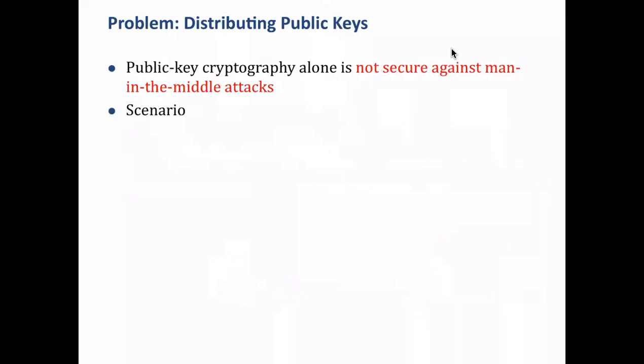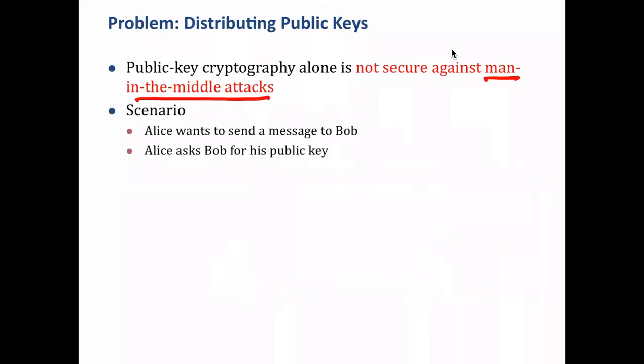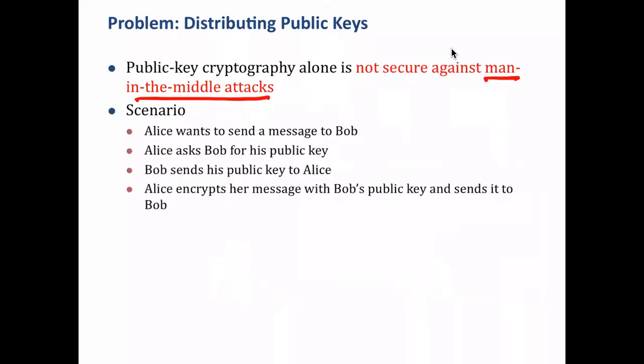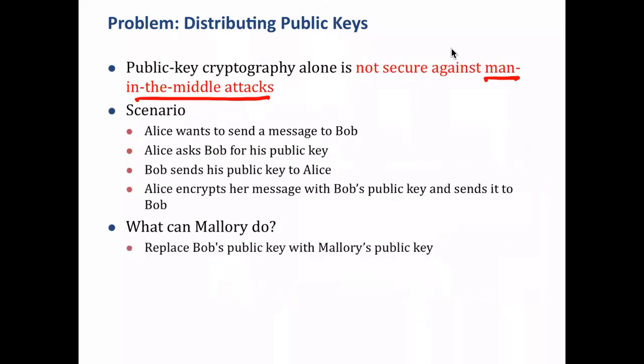Okay, now why is it not possible? Because a man in the middle can be there. Okay, all right. So if Mallory is in between, she can replace Bob's public key with Mallory's public key. And if both Alice and Bob want to communicate with each other, then Mallory can also replace Alice's key with her own key.